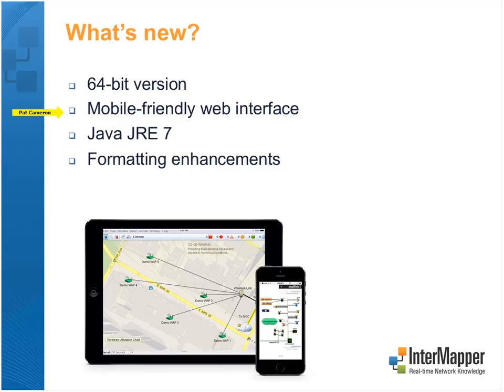I'll show you that as well, so that you can acknowledge events from your phone or your tablet. We've also updated Java to Java 7, and we've added some formatting enhancements for when you're creating your maps. Those are the four big things, and then we'll talk about a few little things as well.